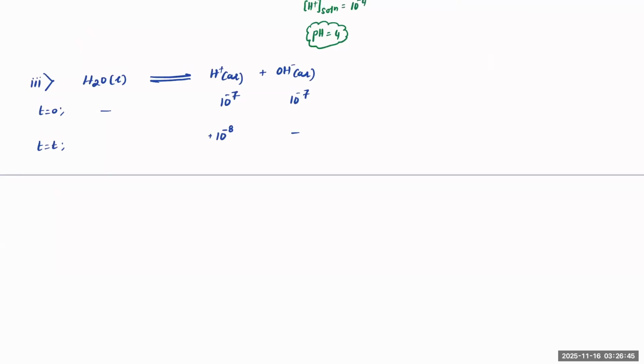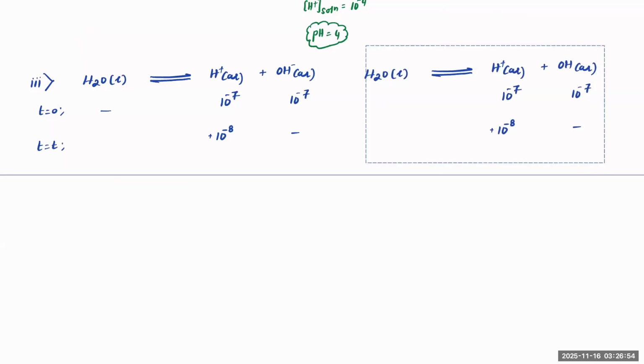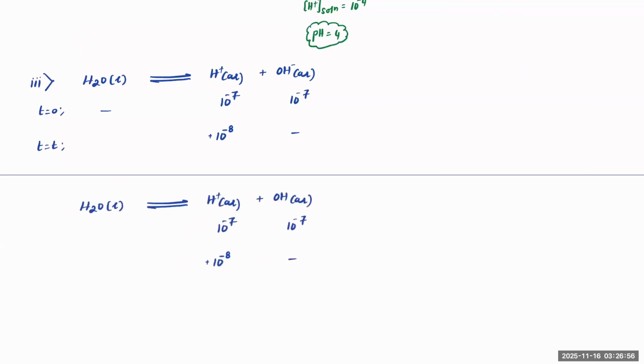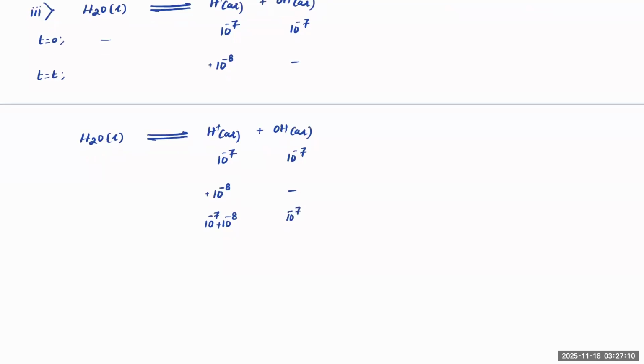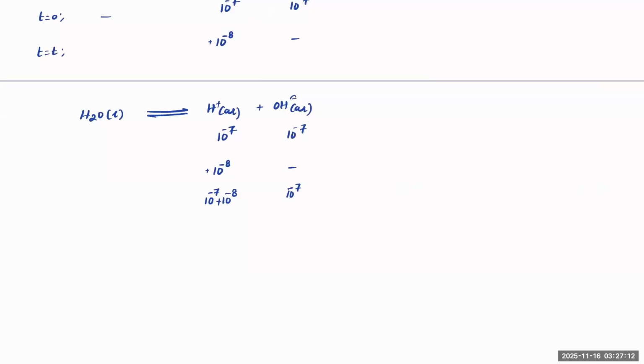Now, when you added this 10 raised to power of minus 8 molar, see what will happen in that case. On adding, I'll just put the continuation here only. Now the total amount we have is 10 raised to power of minus 7 plus 10 raised to power of minus 8, and here 10 raised to power of minus 7. This is the total concentration of H plus and OH minus. But notice that if the H plus ion concentration increases, what should happen?